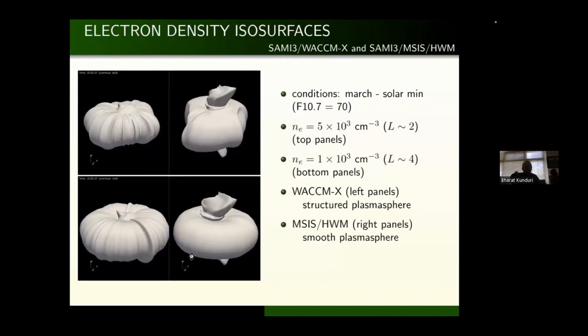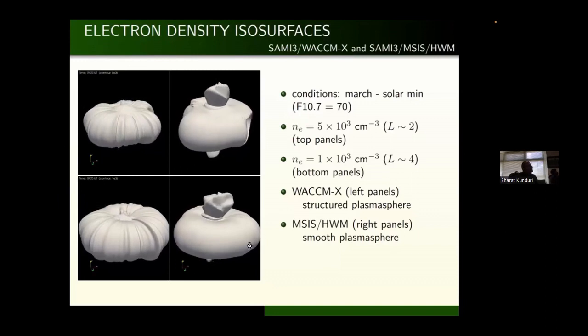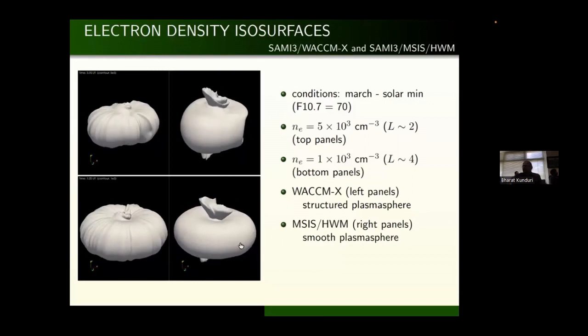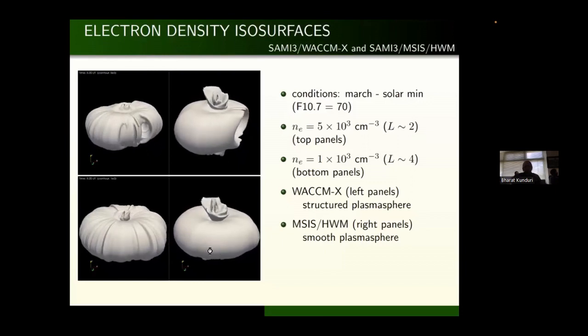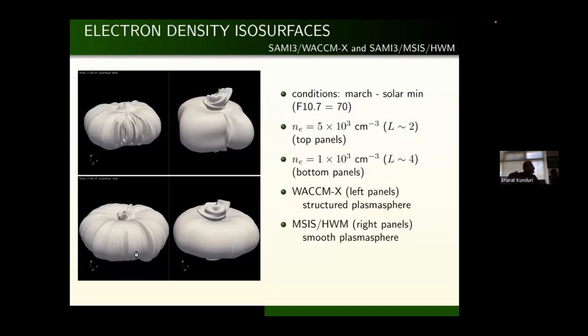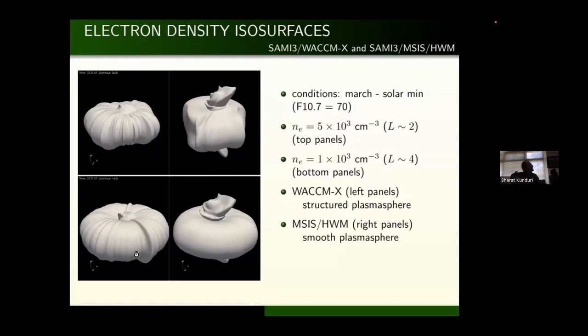The bottom panel on the right is what normally people would think about, that the ionosphere was a big donut. And then people pointed out to me when I've shown that, not a donut, but more of a pumpkin. So that was pretty interesting.